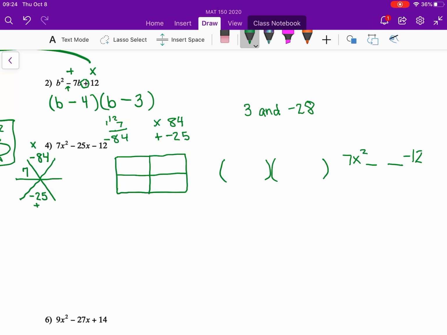Then I always put A in the top corners of the snowflake. So this is always A. Then, which we've already done the heavy lifting here, I have to think what multiplies to get negative 84 and adds to get negative 25. Well, that's 3 and negative 28.